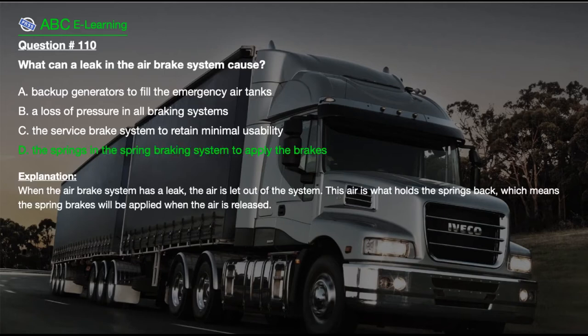The correct answer is D. The springs in the spring braking system to apply the brakes. Explanation. When the air brake system has a leak, the air is let out of the system. This air is what holds the springs back, which means the spring brakes will be applied when the air is released.